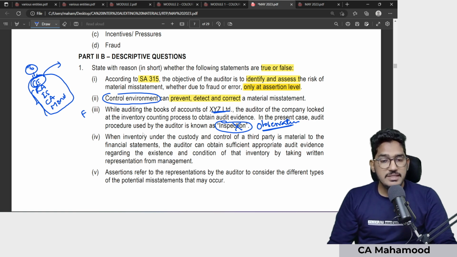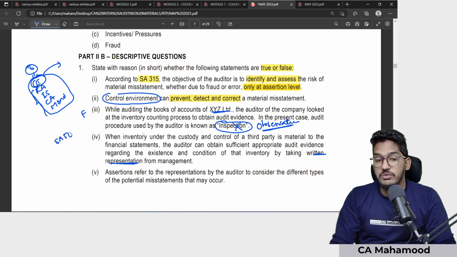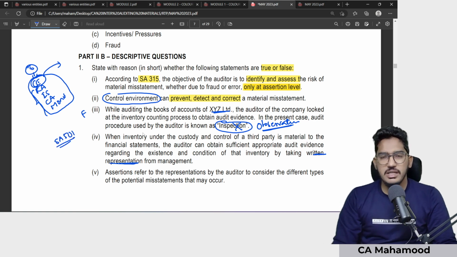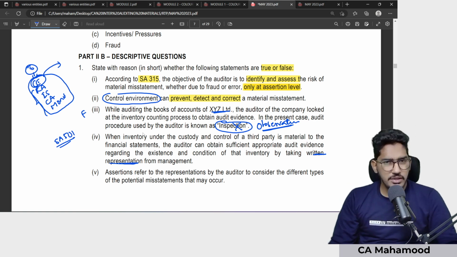Next, when inventory under the custody and control of a third party is material to the financial statements, the auditor can obtain sufficient appropriate audit evidence regarding existence and condition of the inventory by taking written representation from the management. See, this question is from SA 501. When inventory is in the custody of a third party, how do you obtain audit evidence?